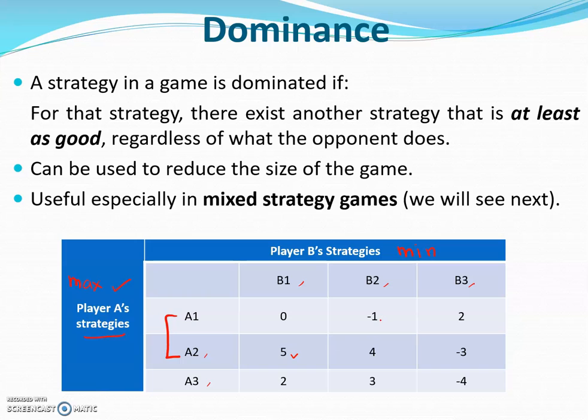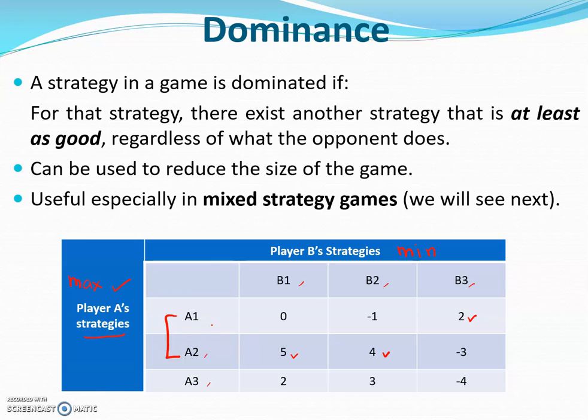Then, if we compare -1 and 4, 4 is greater. And if we compare 2 and -3, 2 is greater. Then we cannot say that strategy 1 is greater than 2 or strategy 2 is greater than 1, because for some values strategy 1 is greater and for some values strategy 2 is greater.